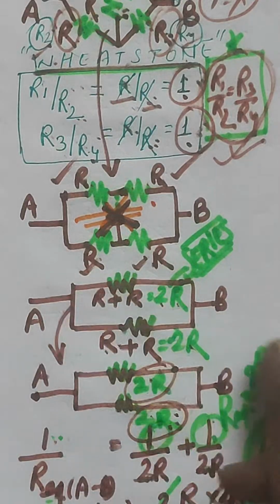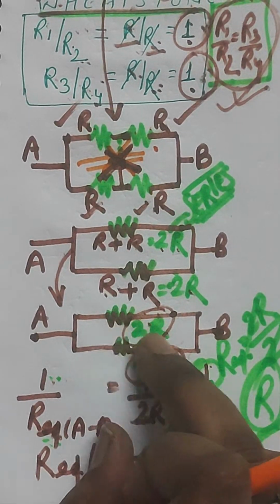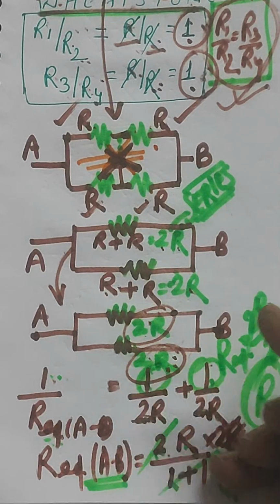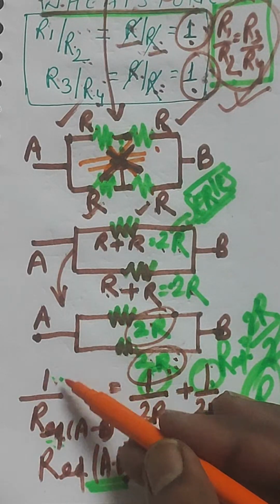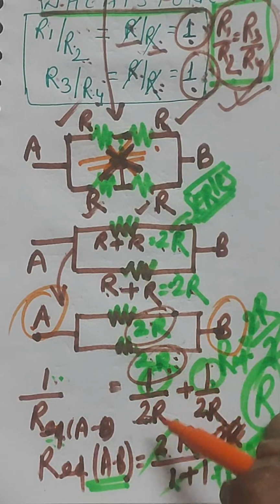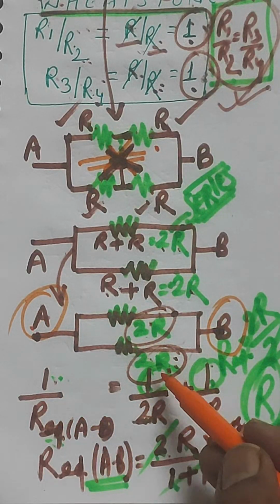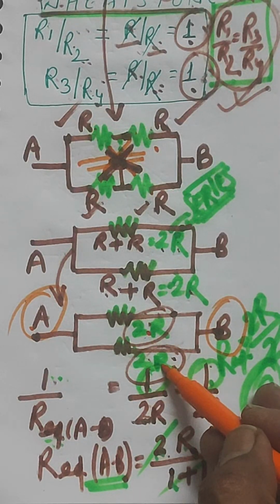Now the above circuit will be simplified as, you can see, 2R connected with 2R in parallel. What will be the equivalent resistance? 1 by R equivalent, that is between this A and this B, is equal to 1 by 2R plus 1 by 2R.